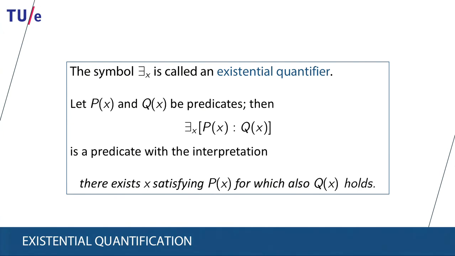Then we express the predicate there exists x satisfying p that also satisfies q with an application of the existential quantifier associated with x to the predicates p and q. The predicate p, which intuitively specifies the domain of the quantification, appears before the colon. The predicate q, which is thought to be quantified, appears after the colon. Formulas that have an existential quantifier as main symbol, as you see here, are generally called existential quantifications.